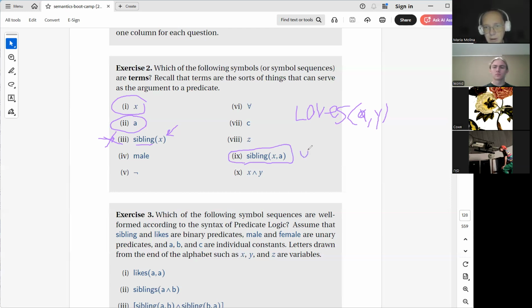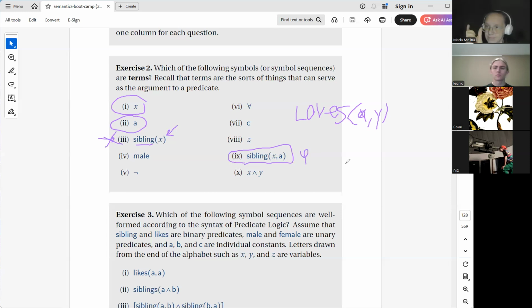Yeah, we can use phi for this formula. And a formula, as far as I understand, check me, can serve as an argument to a predicate. Okay?